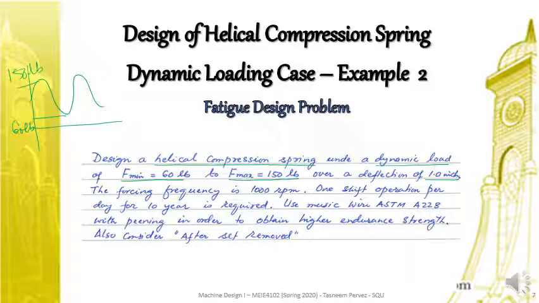But the deflection at this load is not given. What is given is that when it goes from 60 to 150, the deflection is delta y, which is given as 1 inch.